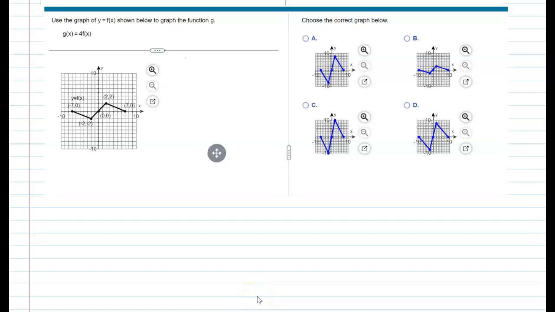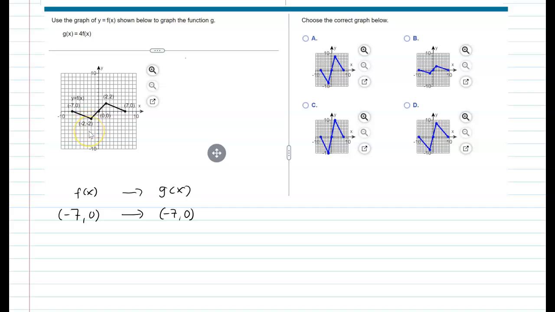As I've said, the negative 7, 0 from your f of x will go to negative 7, 0 in your g of x as well, because you just need to multiply the y-coordinate by this number here.